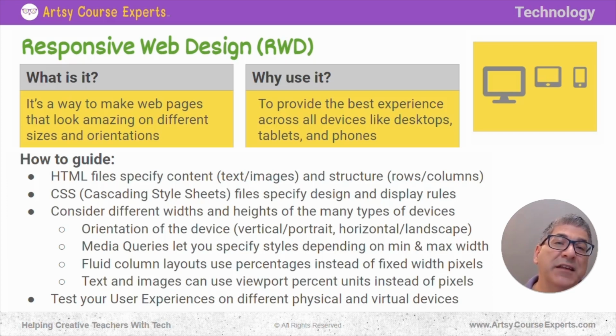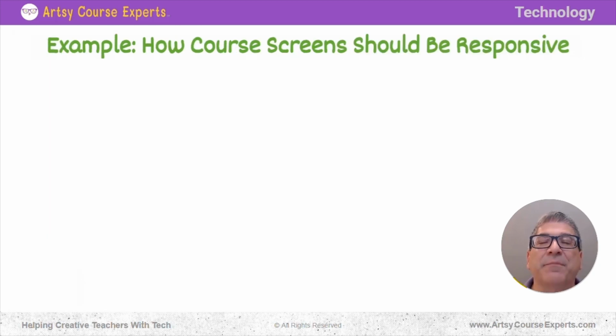And so you can see what it would potentially look like on those other devices. Maybe you have an Android, but you want to see what it looks like on an iPhone. Browsers give you those tools as well. That's responsive web design. Let's go into an example. In this example, we're going to go over how a course will look when it's been designed with responsive capabilities.